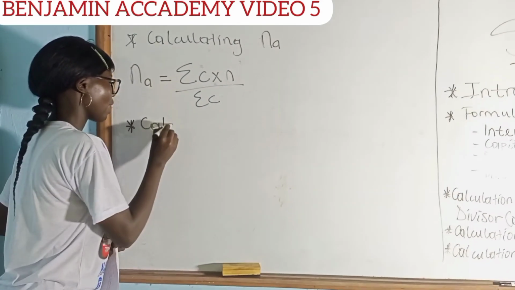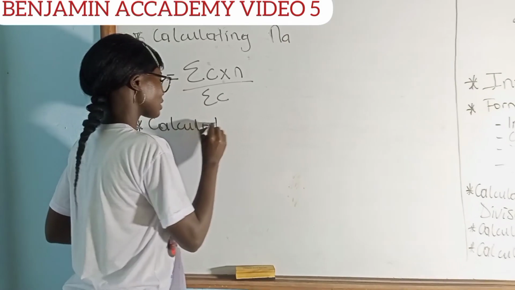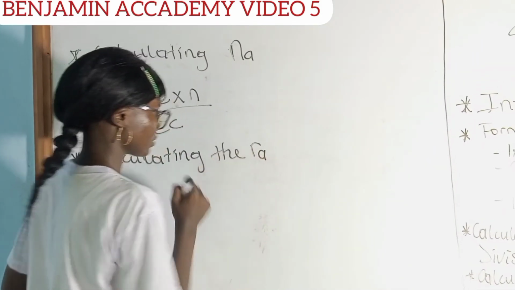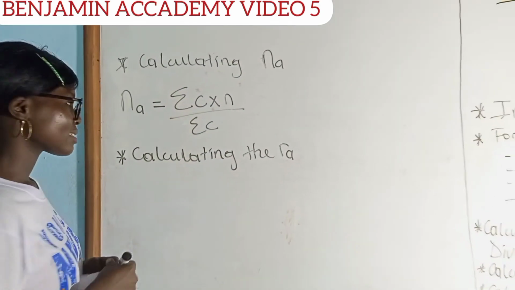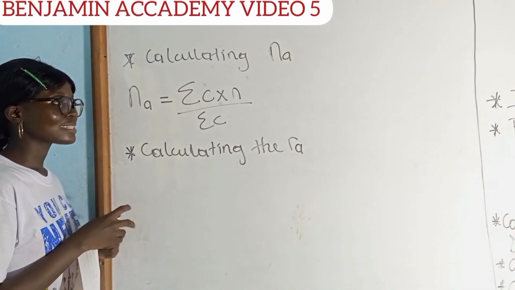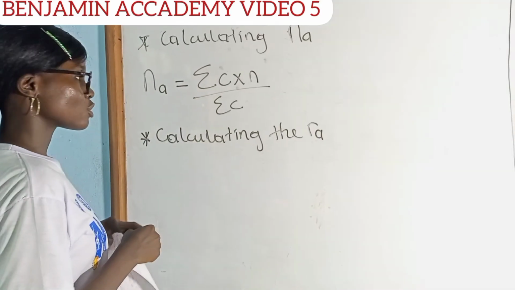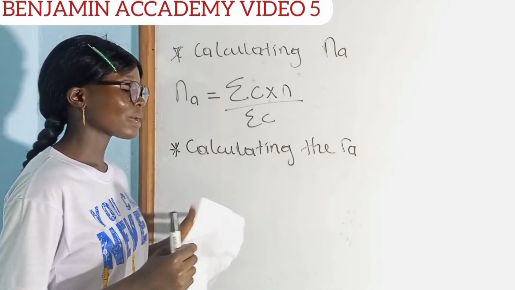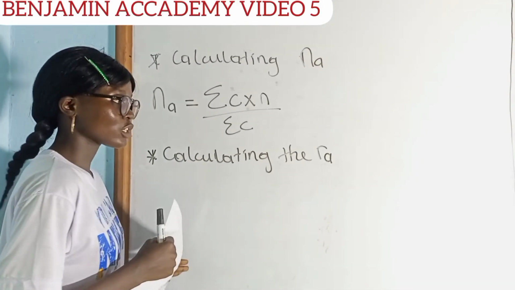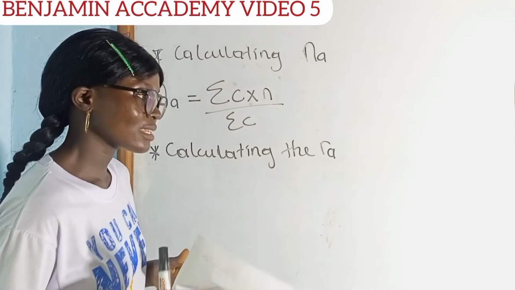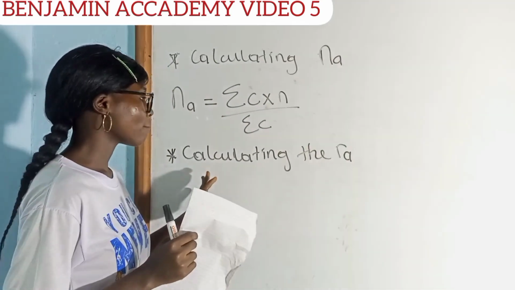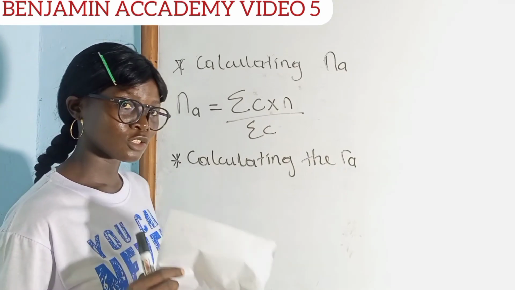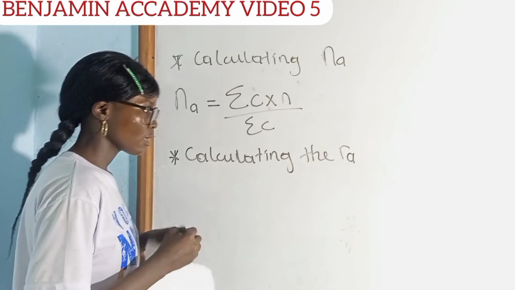Calculating the average rate. What is the average rate? The average rate is abbreviated R A. The average rate is a rate that is used to determine the amount of interest produced by different capitals at different durations and different rates.